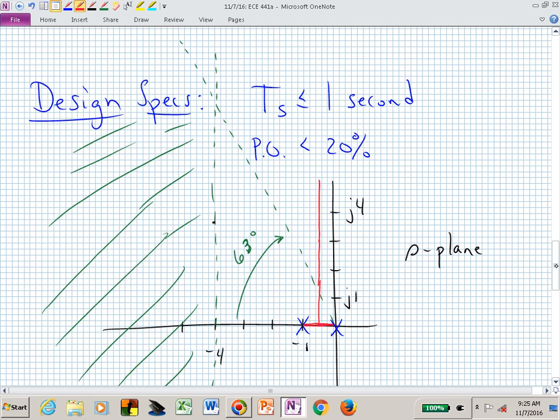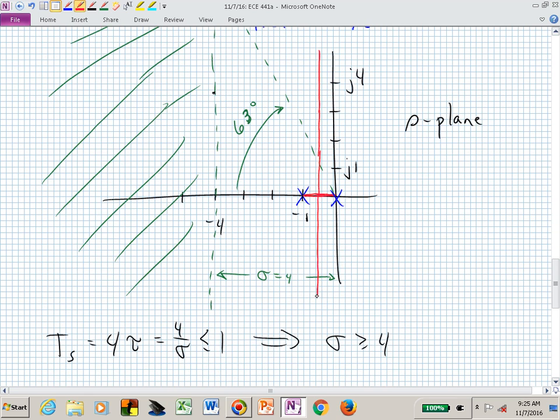One pole goes up, one pole goes down, and there is our potential closed-loop poles if we just had a controller that was a gain. If we just had a controller that was a pure gain K and we adjusted K from 0 to infinity, these are the possible closed-loop poles that we would have available on the red.